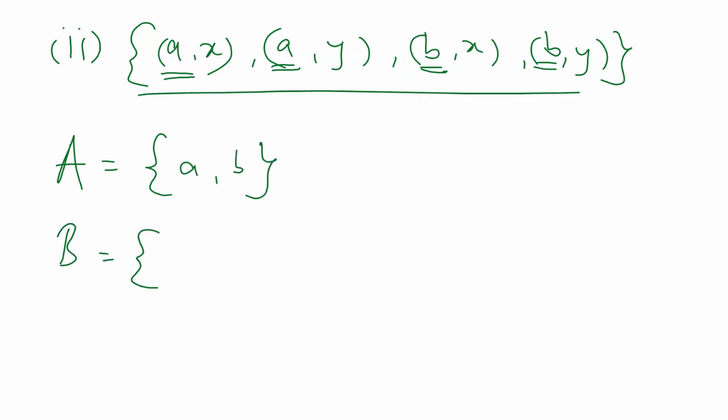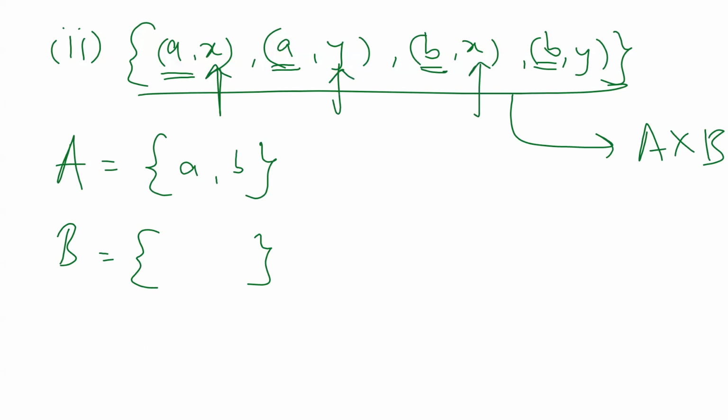Let this entire thing be A cross B. The second component will come from the second set, B, so x and y. I'm assuming capital A is equal to a comma b, capital B is equal to x comma y. A and b are first components, so they will come from the first set. X and y are second components, so they will come from the second set.